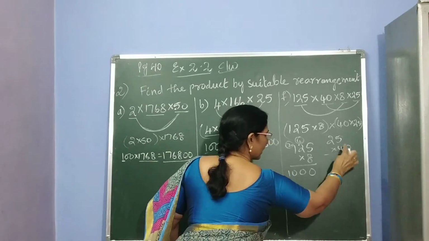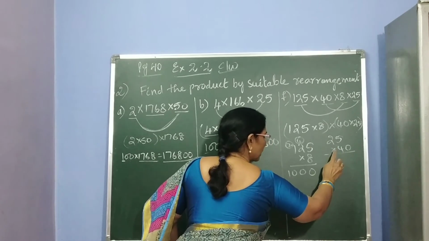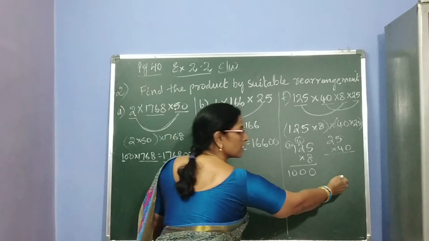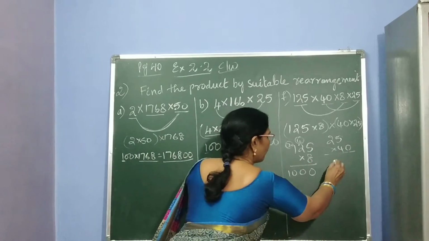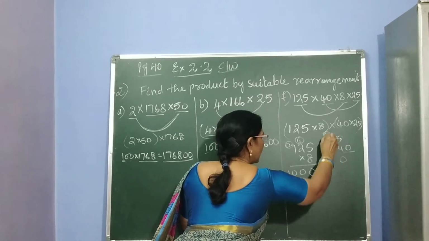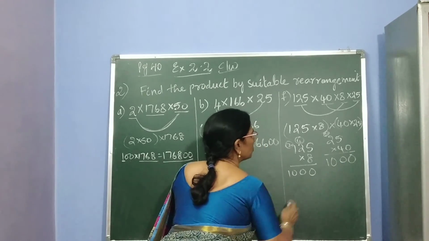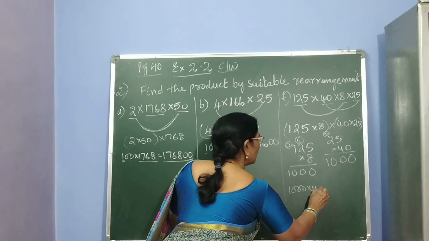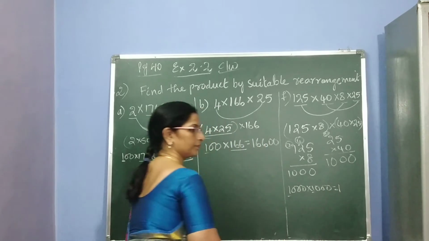No need to multiply with the 0, just with 4. 4 fives are 20, 4 twos are 8, 8 plus 2 is 10. Now insert the 0, so 1000. Now 1000 into 1000.